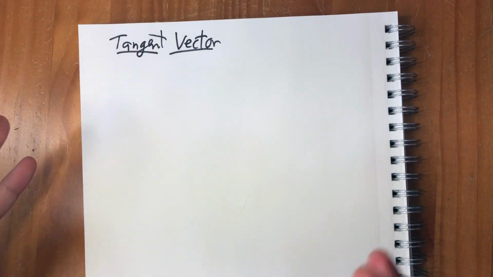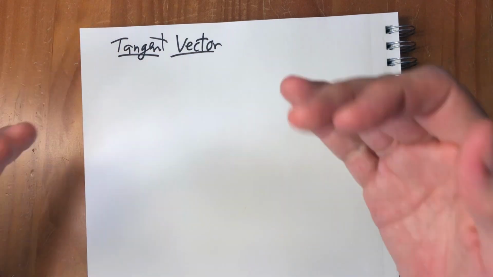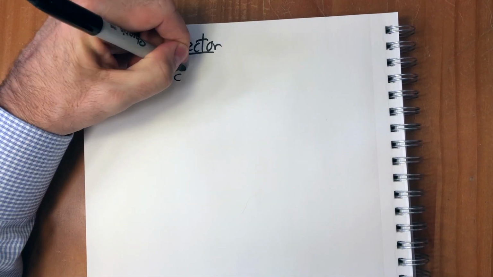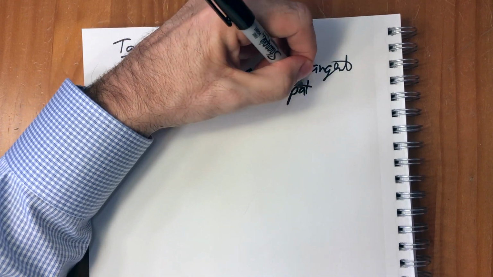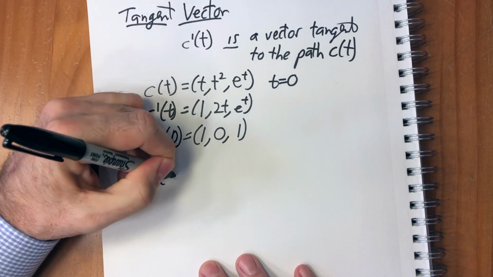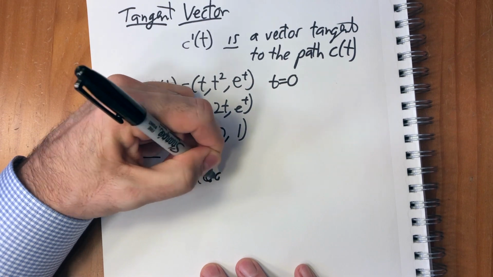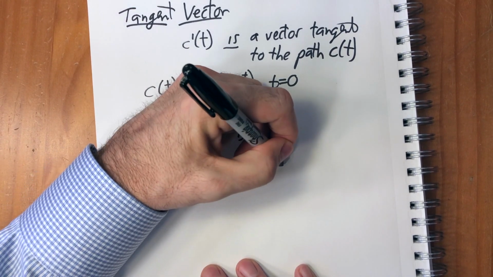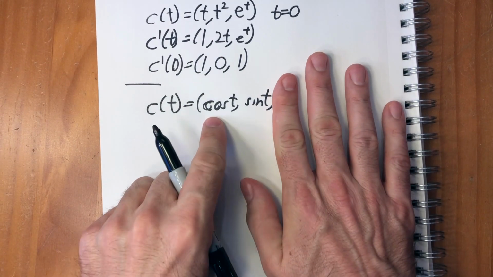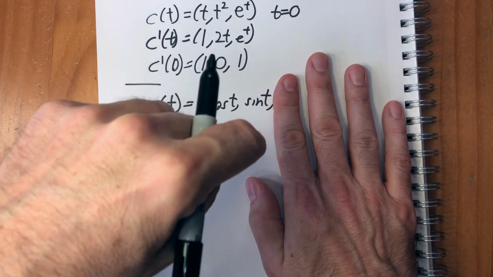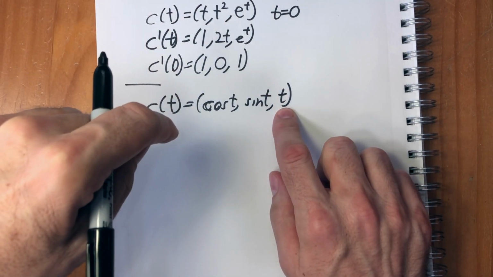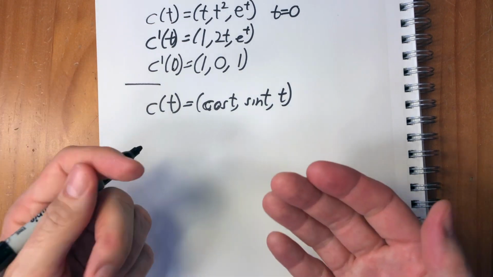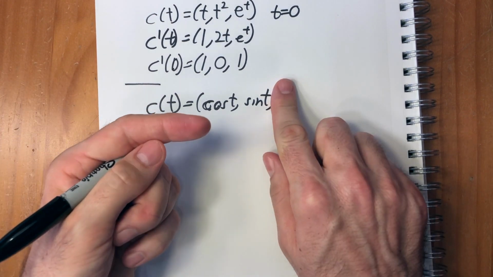Basically, all I want to say is that the tangent vector and the velocity vector are the same thing. The velocity vector c' is a vector tangent to the path c. So for example, what if we had c(t) equals (cos t, sin t, t)? Without the t, this is a circle. As t increases, it's going around in a circle, but then we're adding t to it, so over time, in the z direction, it's going up at the same time.